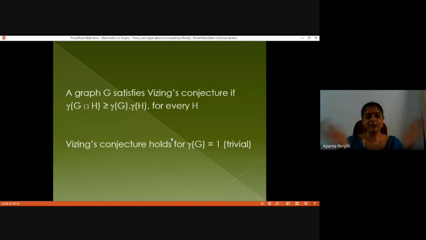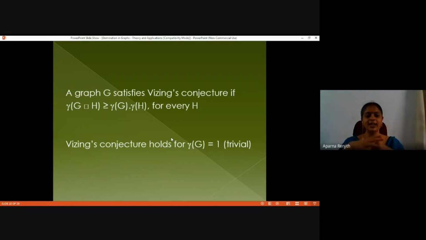In a class of graphs, if every graph present in that class satisfies this property, we say that that particular class of graphs satisfies Vizing's conjecture.